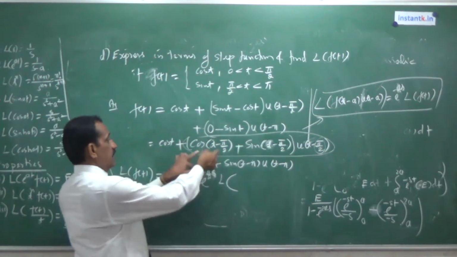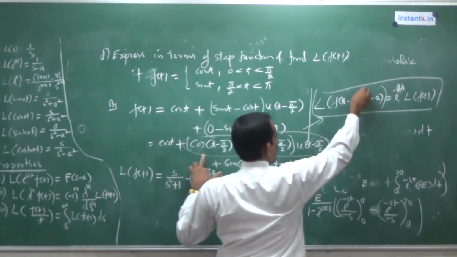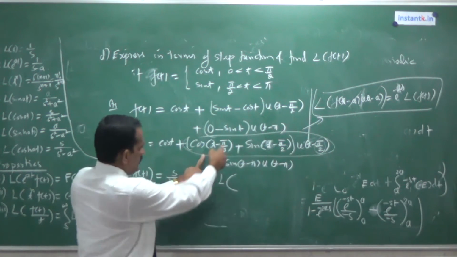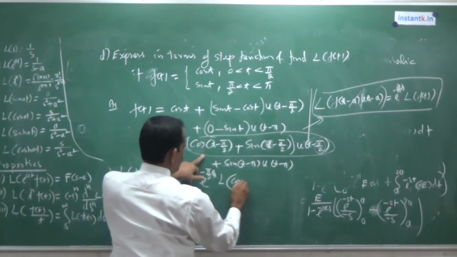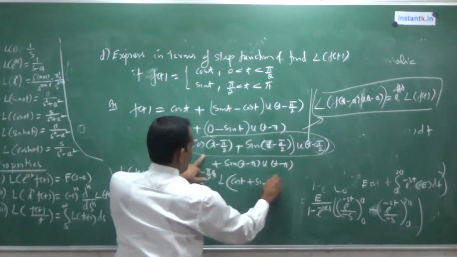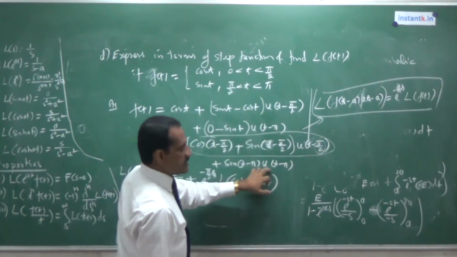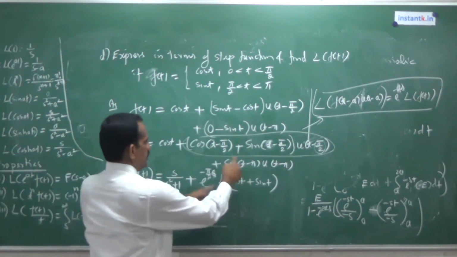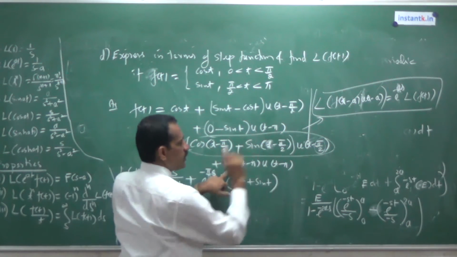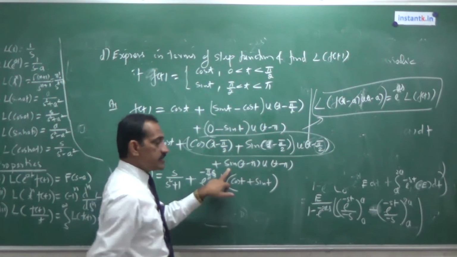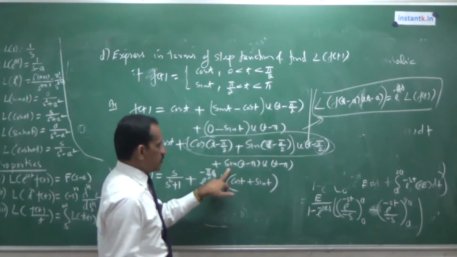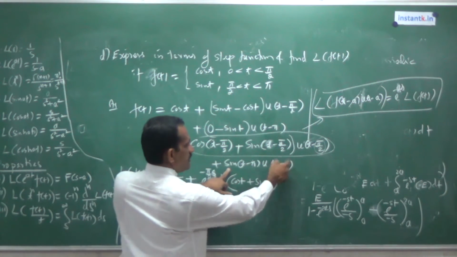What is f of t? From f of t minus a, delete this a. So deleting a, what do you get here? It is cos t. Here you get sin t. For the next term, it is f of t minus a into u of t minus a, and for this term also you have to get the Laplace transform. Here a is pi.